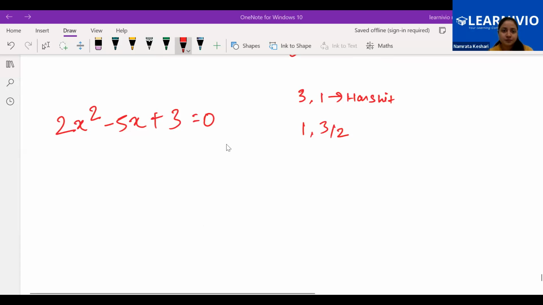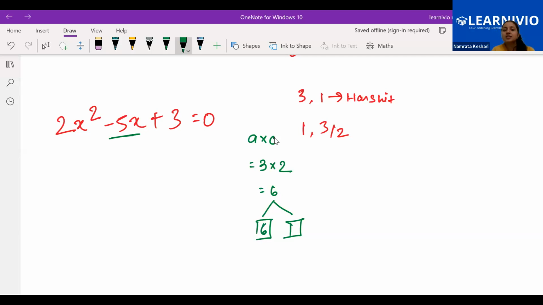Let's check it. First thing first, we will be doing the multiplication of A and C. That means 3 into 2, that means 6. Sign doesn't matter, the number is 6. Now this number, we will try to break into two numbers which, added together or subtracted, will give us the middle term. 6 is there.